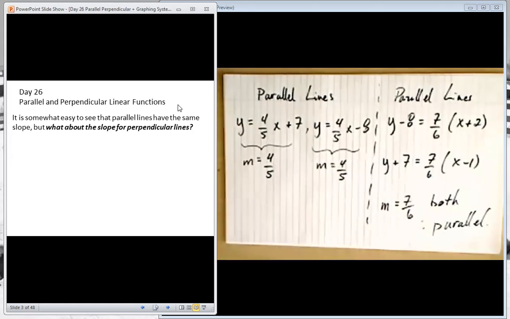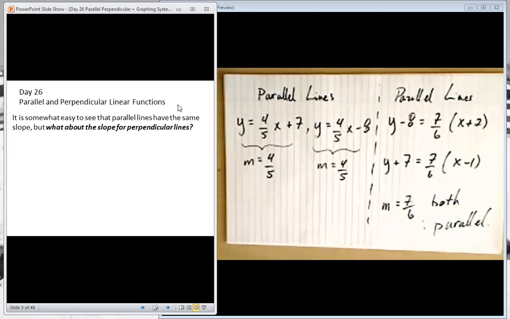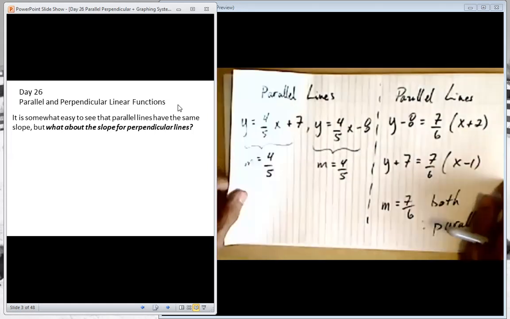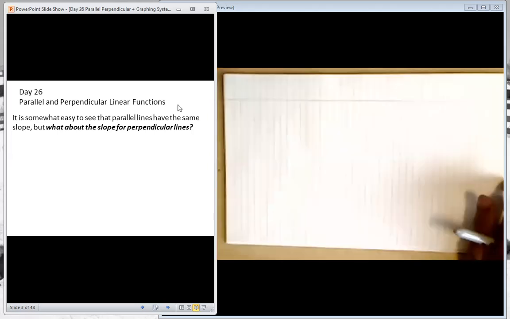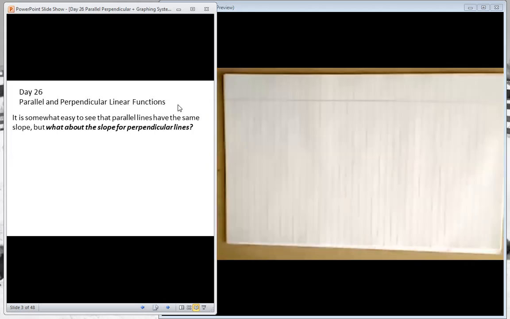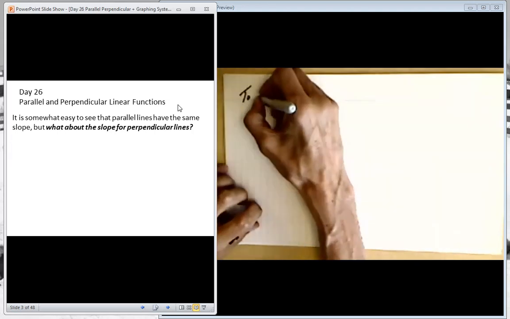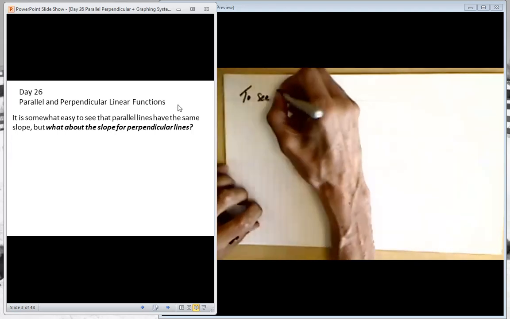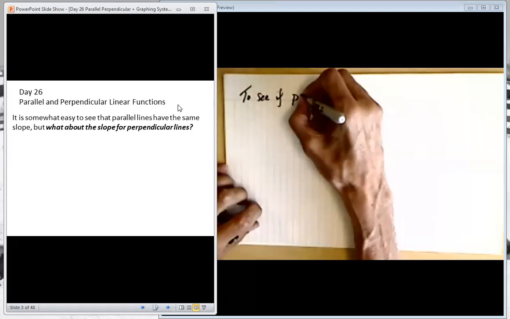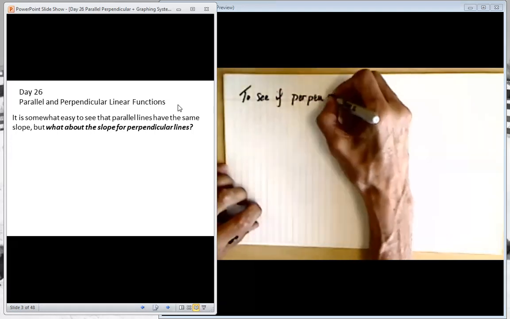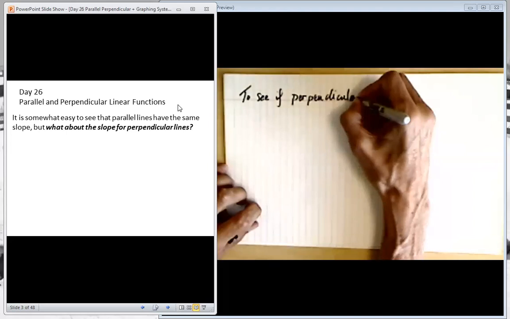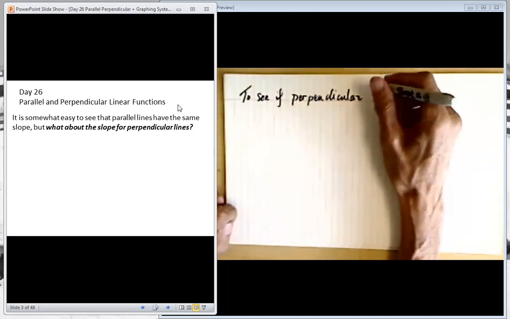Easier. For perpendicular though, this one might take a little bit of thinking. Only a little. To see if lines are perpendicular, two things happen.